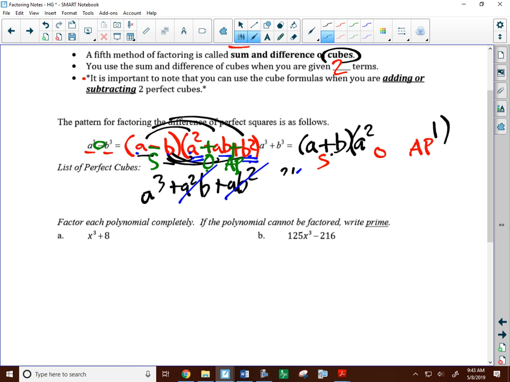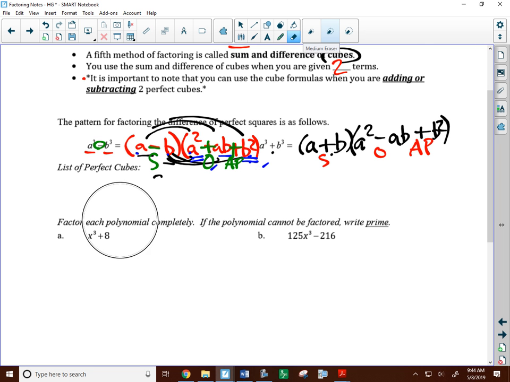I square B on the side, B squared. In the middle, I multiply A times B. This is the opposite sign of the original, so it's minus, and this one is always positive. AB. I know the formulas look a little bit more confusing, but they break down. It's again kind of a formula, and they break down pretty easy once you get used to it.